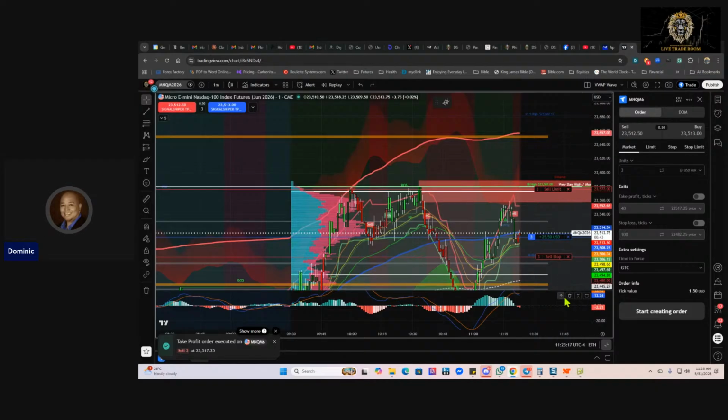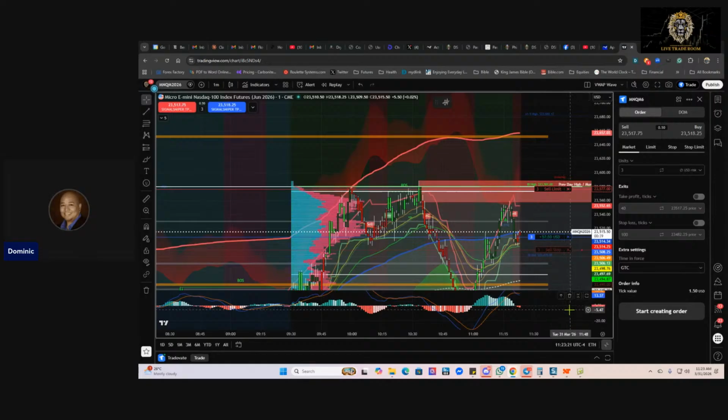So now this one, I only have 3 contracts again. So this one would be a lesser loss if I do come back down there. It's going to be less of a loss than before.